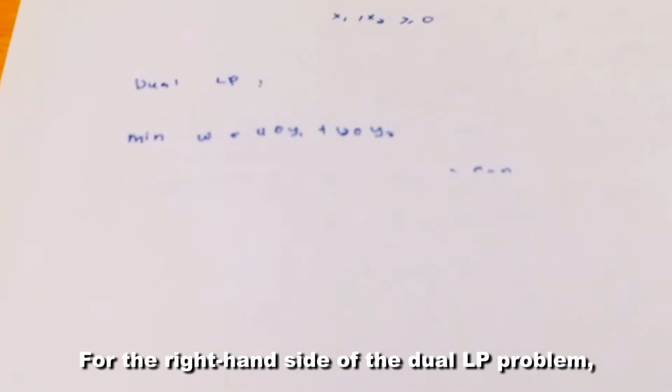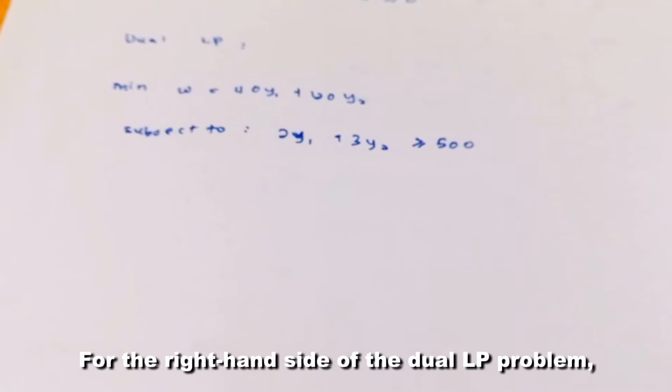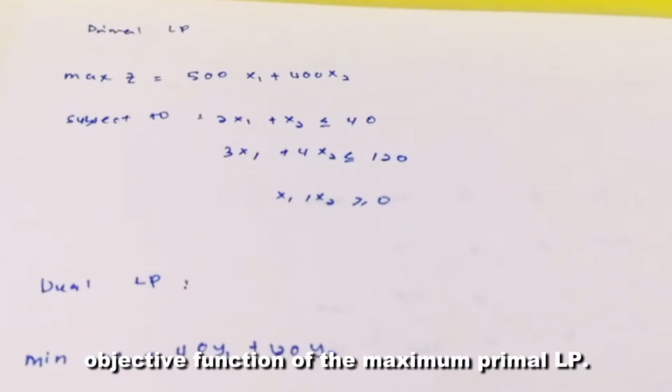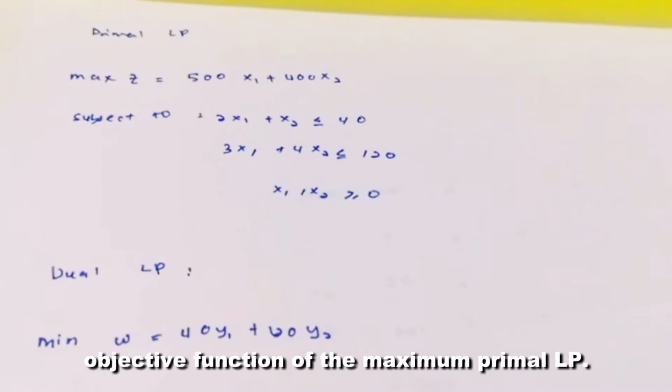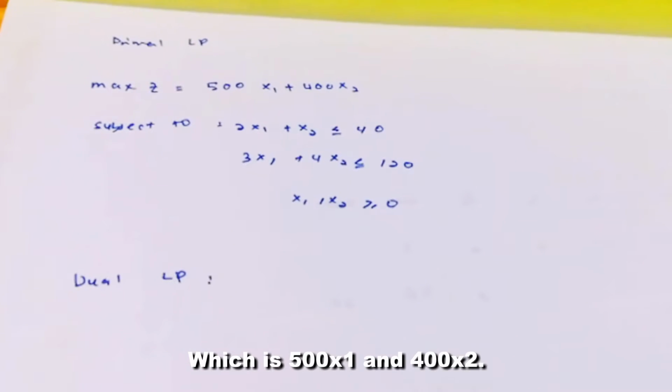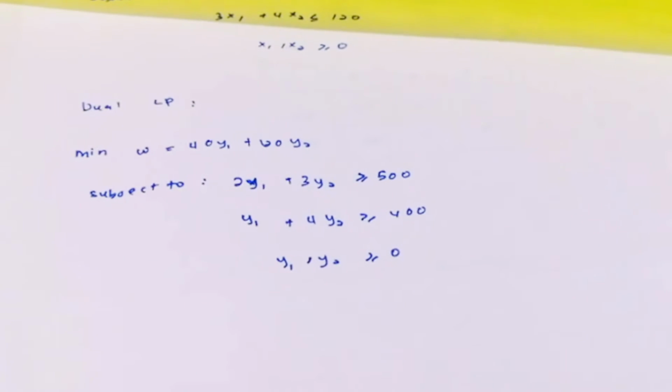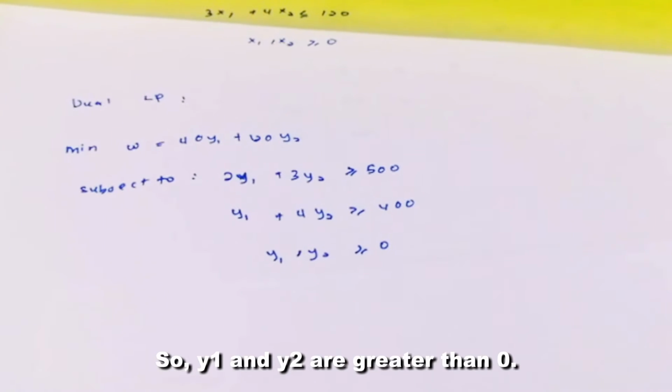Okay, for the right hand side of the dual LP problem, we get it from the objective function of the maximum primal LP, which is 500x1, 400x2. Okay, we take it and rewrite it here, 500 and 400. So y1 and y2 greater than 0.